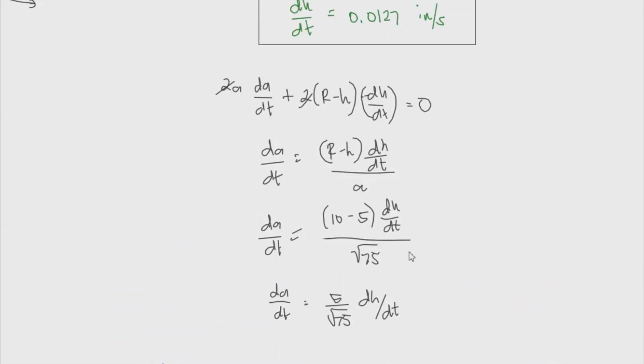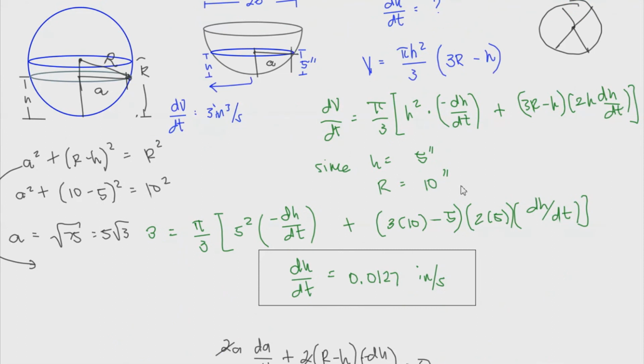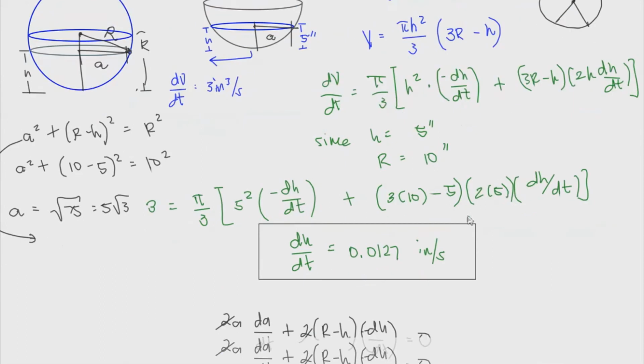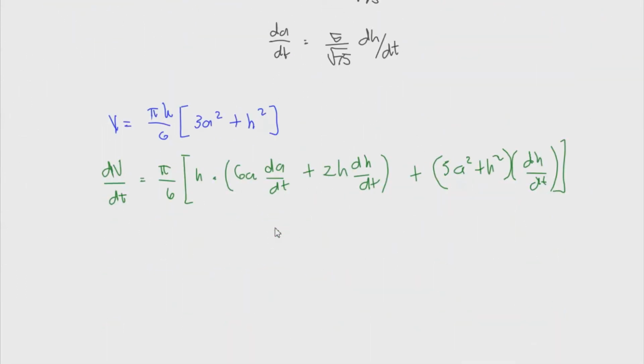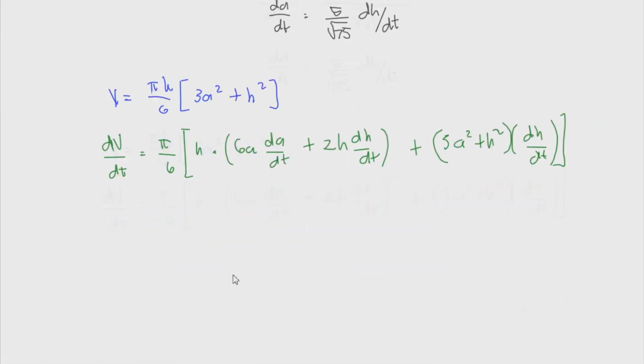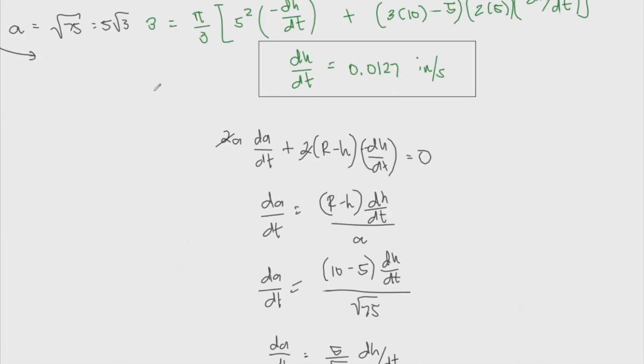That's why we have dA and dH right here. This is our easiest solution, but this is another solution that you can do using this equation. What disappeared here is our constant radius.